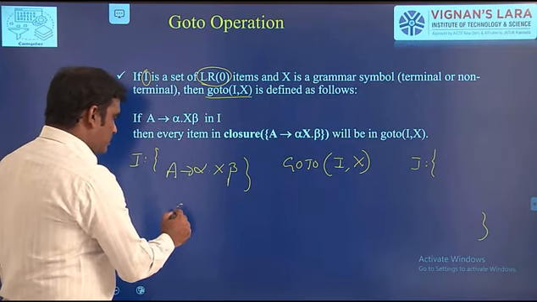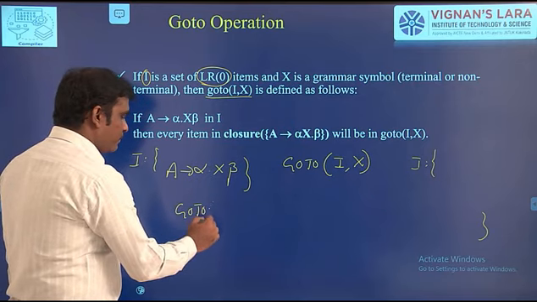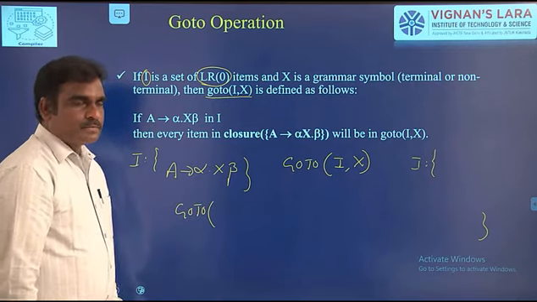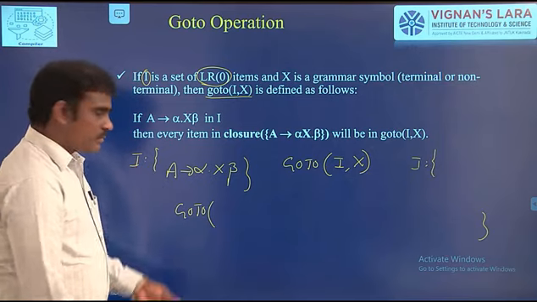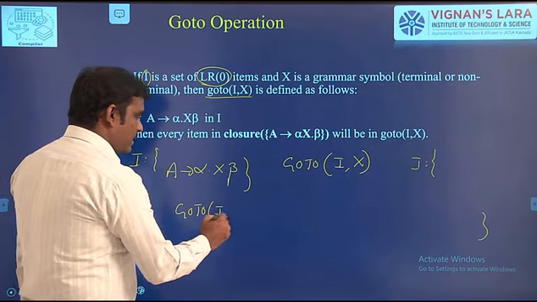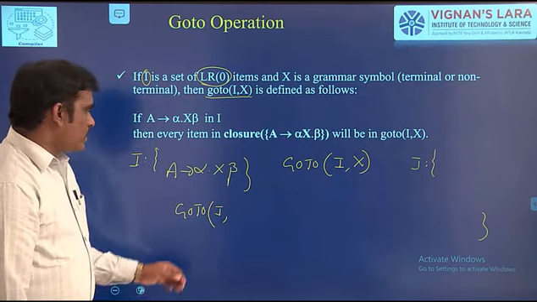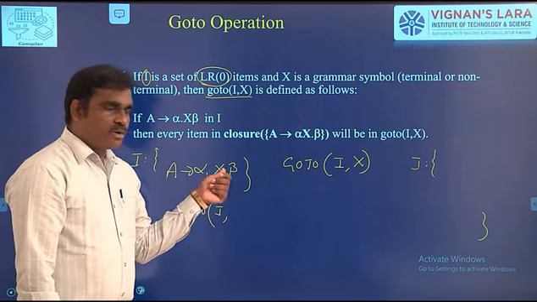Now take goto of, what is the item? Item I, comma, what is the symbol? The dot followed by the symbol.